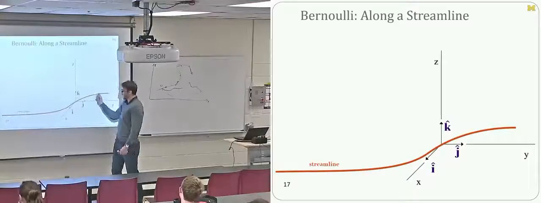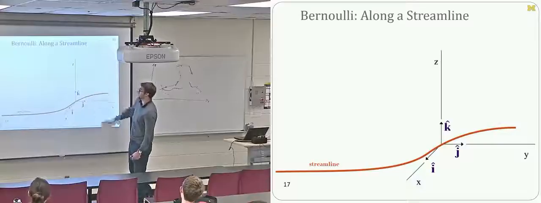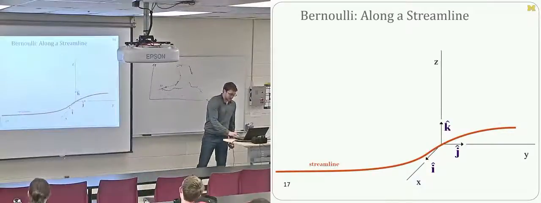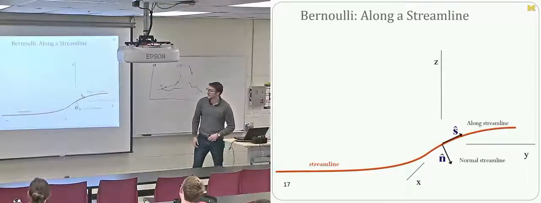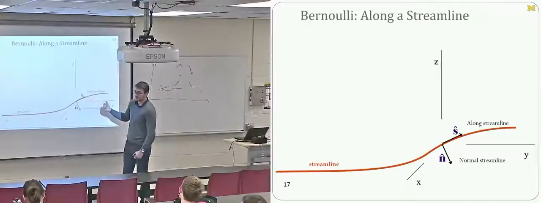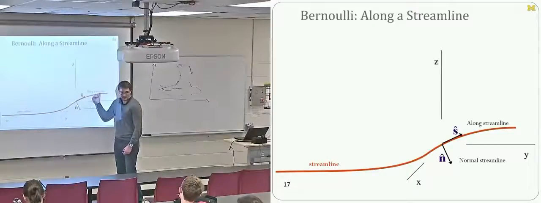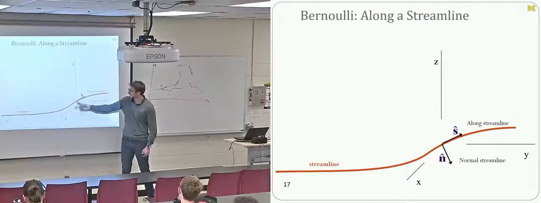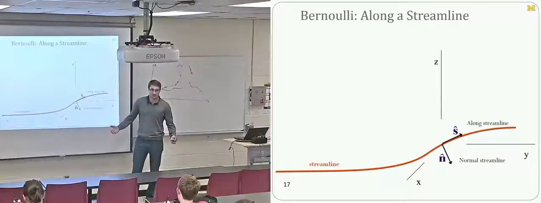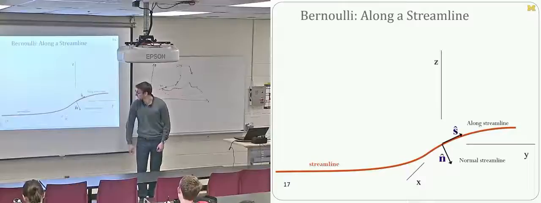But the streamline doesn't necessarily have to have any particular orientation with respect to our Earth fixed coordinate system. So it's much more convenient to assign a new coordinate system that we're going to call the normal and streamwise coordinates. The streamwise coordinate is just the unit vector that's tangent to the direction of the streamline at that point. Normal is just normal to the streamline along the direction of positive curvature.